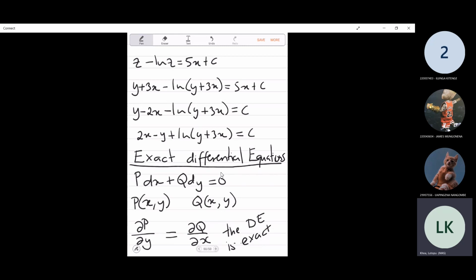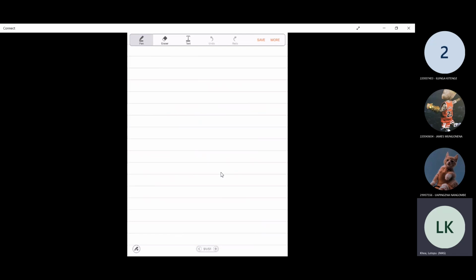And then when we have classified the differential equation as exact, the way we solve it is we can either integrate p with respect to x. This will give us a function, say f1, in terms of x and y.